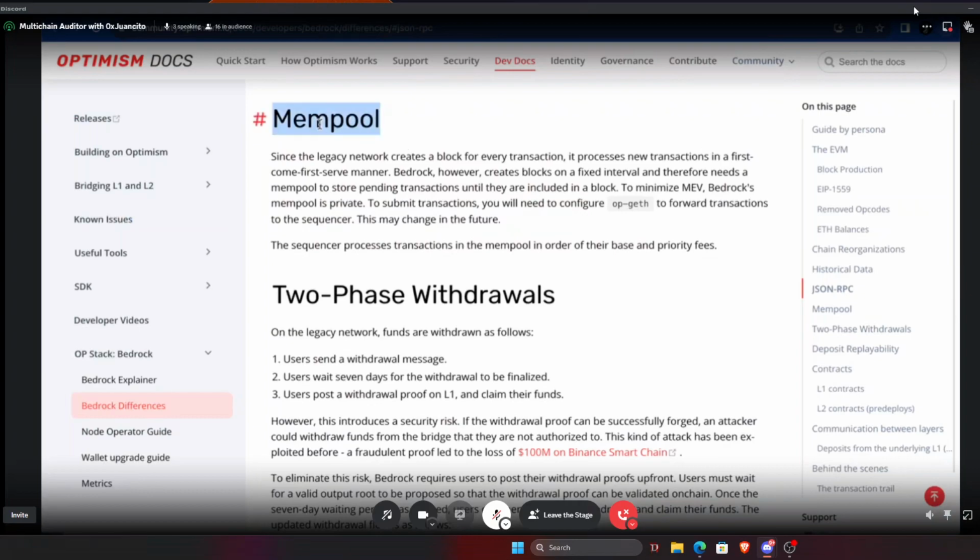So the mempool in Ethereum, for example, is public. Every transaction that's queued to be executed goes to the mempool, and whoever puts more gas to execute it, the validators, the miners, or depending on the chain, the people who are creating the blocks will choose the transaction that gives them more gas or more money.